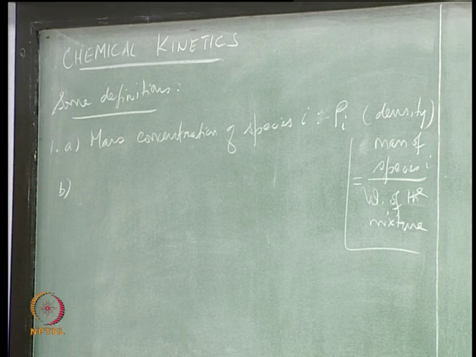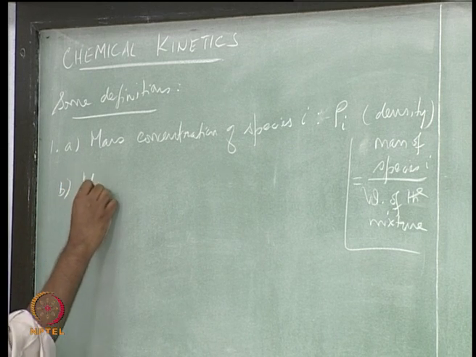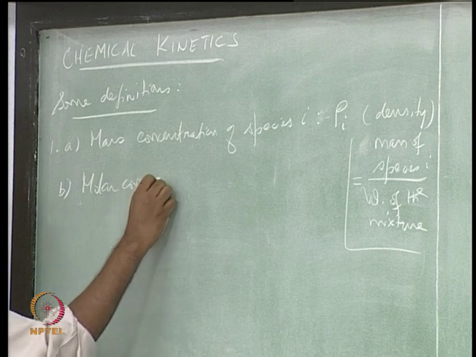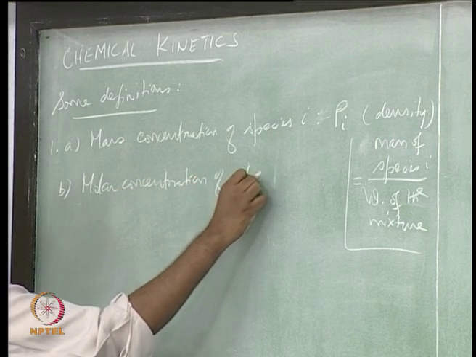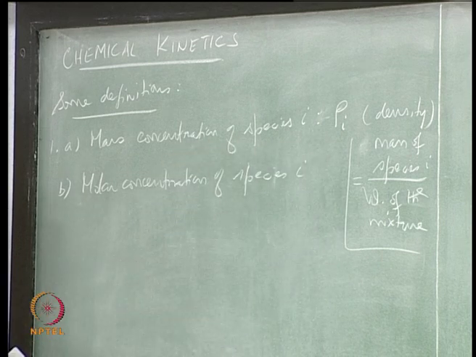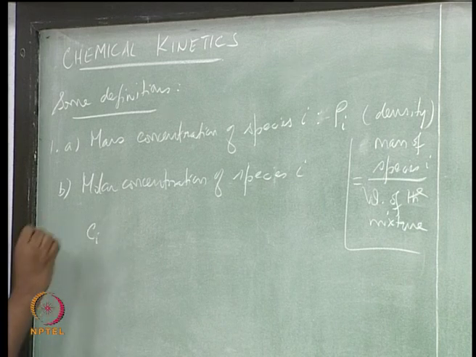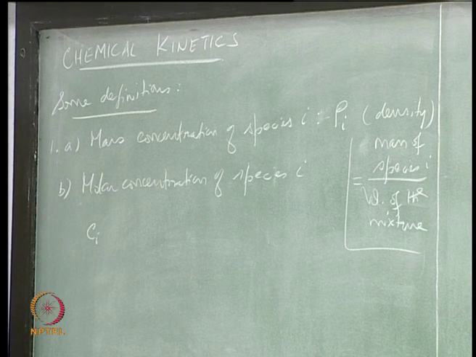And then B, because most of chemistry is done in moles, we also have now molar concentration of species I, which is given a symbol C sub I. Now this is pretty easy. So what do we know for Ci? How do you define this?